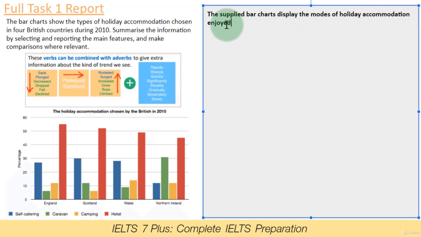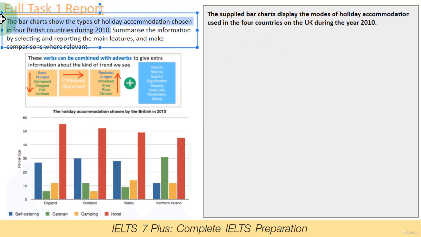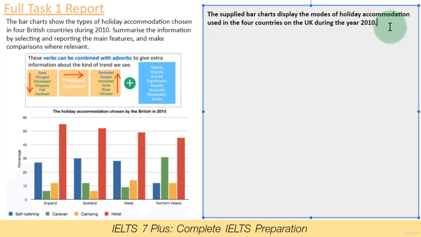Enjoyed, chosen, purchased, used maybe would be better. Enjoyed could also work. Used in 4 British countries. In the 4 countries of the UK during the year 2010. It pretty much says exactly the same as this, but with slightly different language.